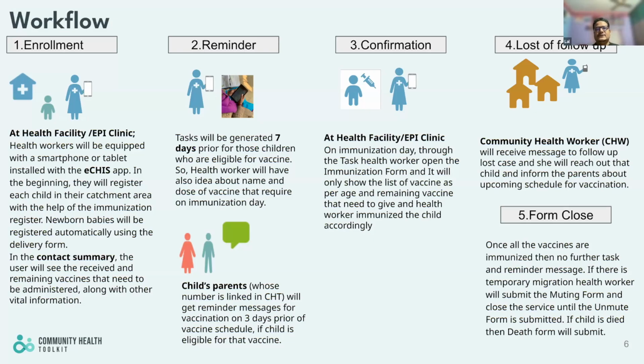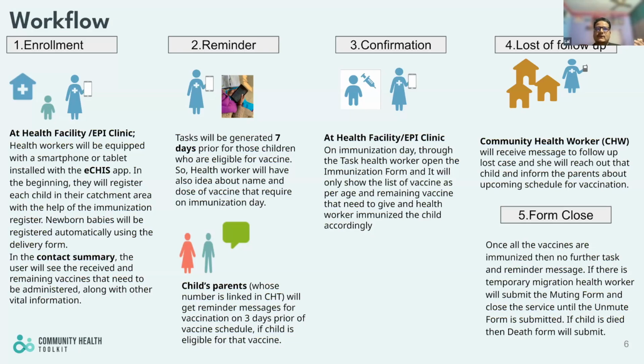For the confirmation, on the immunization day the health worker opens the ECHIS app, opens the task, and then opens the immunization form, where there is the list of vaccines they are going to administer to the child. The tricky thing is one validation we applied there.